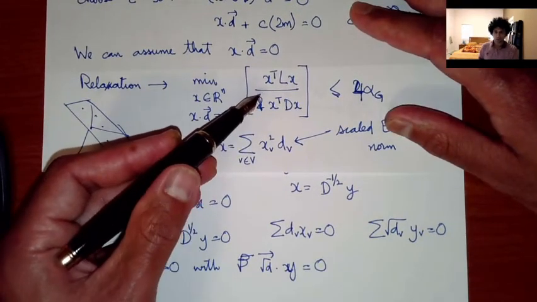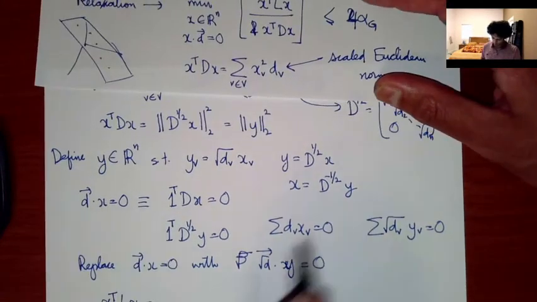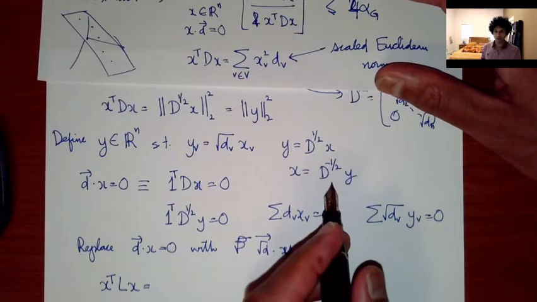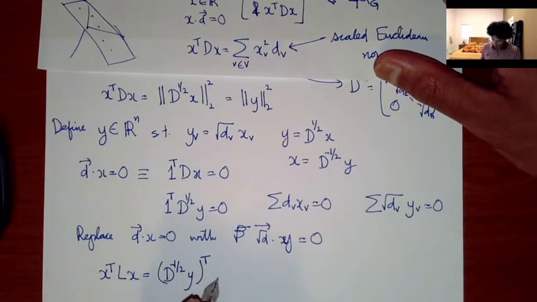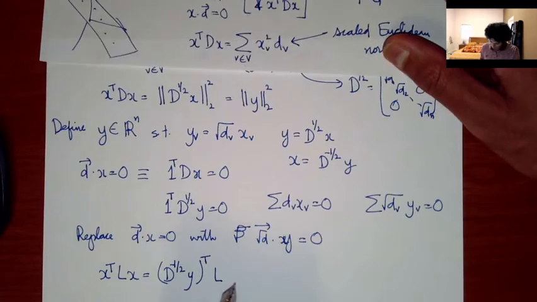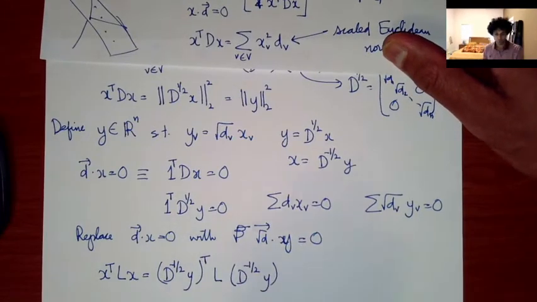Now let's look at the numerator. So x transpose Lx, we can replace x with this quantity here. So we get d to the minus half y transpose L d to the minus half y.